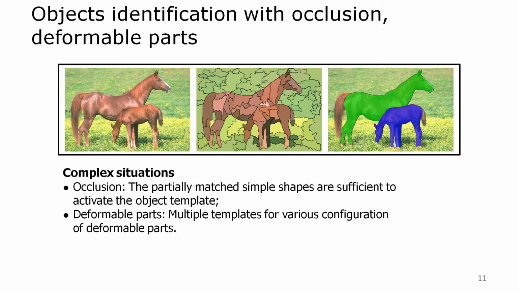Under deformable conditions, in the current version, deformable parts are handled by generating multiple templates for various configurations of deformable parts. But in a future version, this could be handled by including the spatial relationship of deformable parts as part of the definition for the object, thus reducing the need for generating many instances of templates.